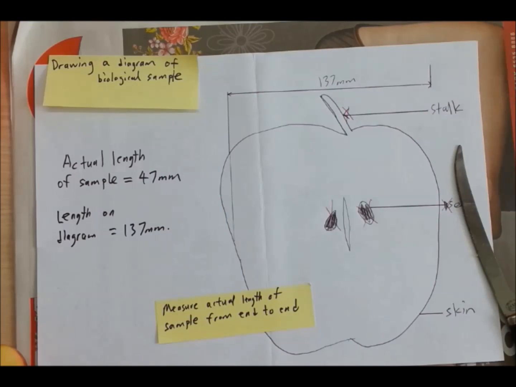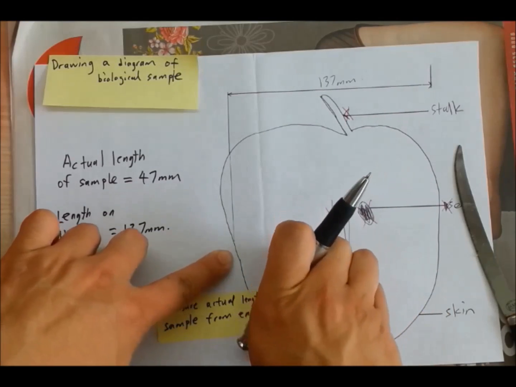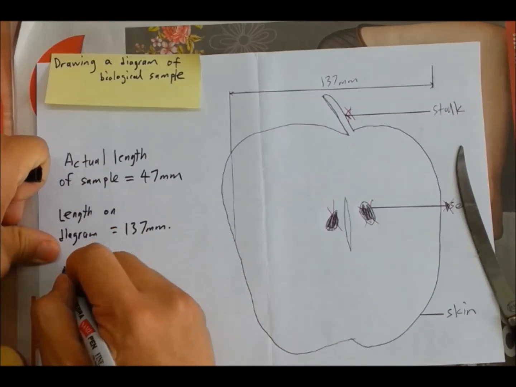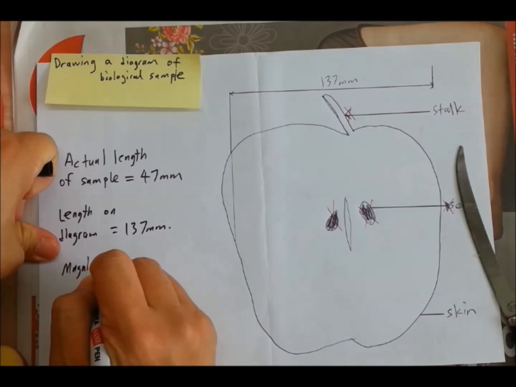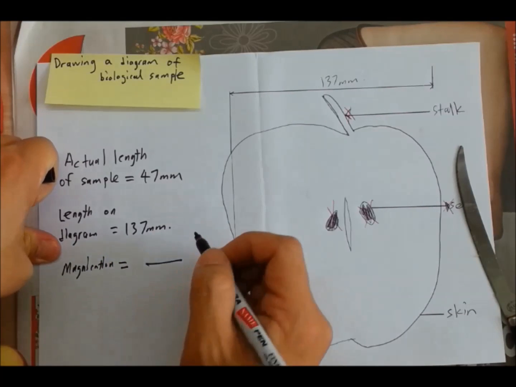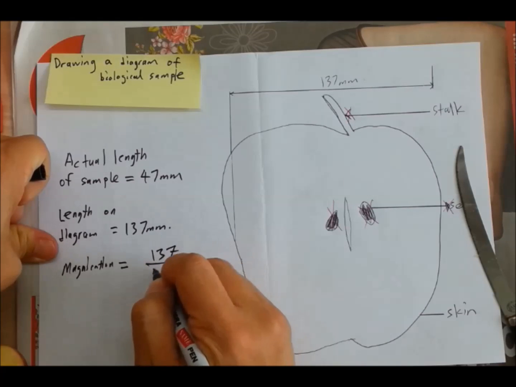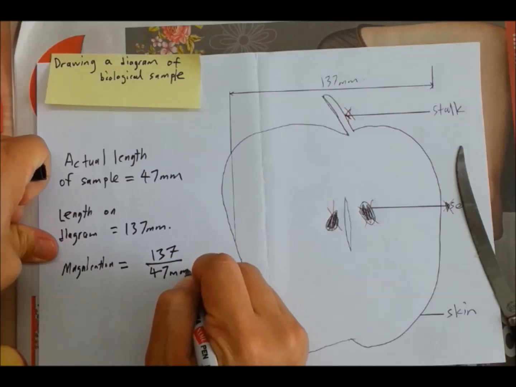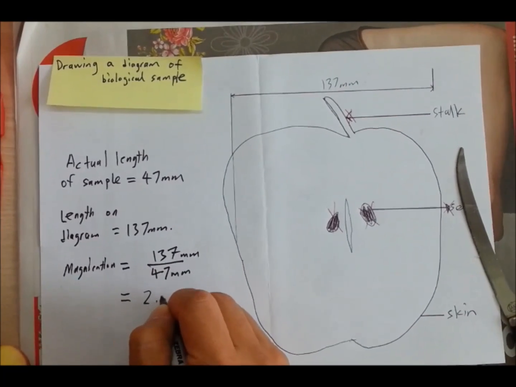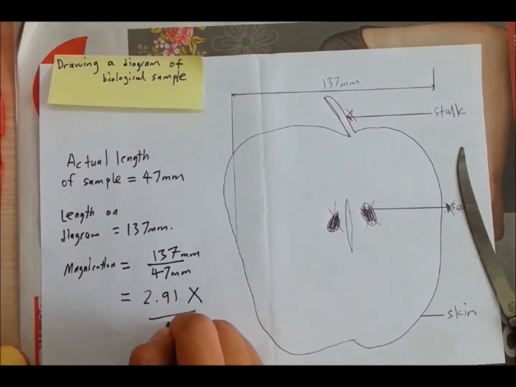How do we do so? Easy. Magnification is equal to the image size over the actual size.